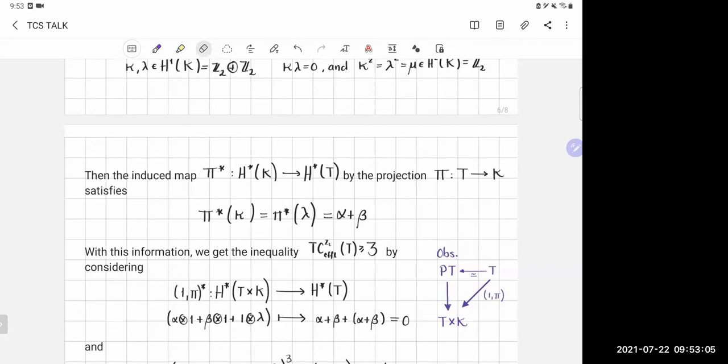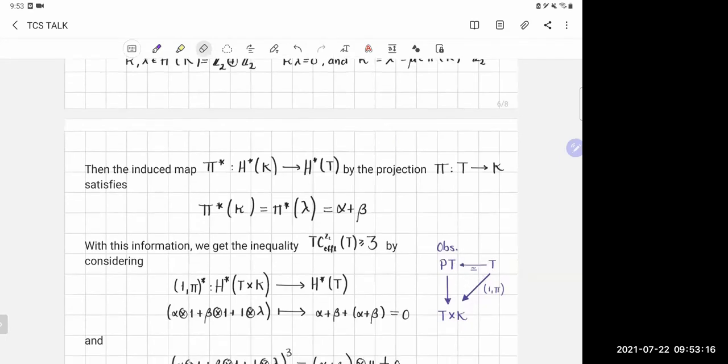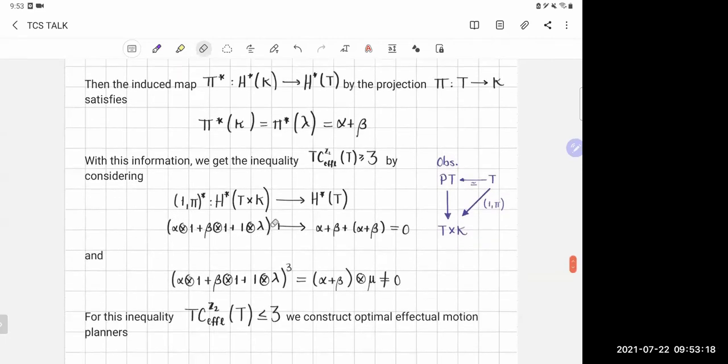And here we are considering the identification of the path space of the torus with the torus through the standard homotopy equivalence. So this element is in the kernel of this map, and the cube of this element is different to 0. So according to the zero cup length bound, we get this inequality.